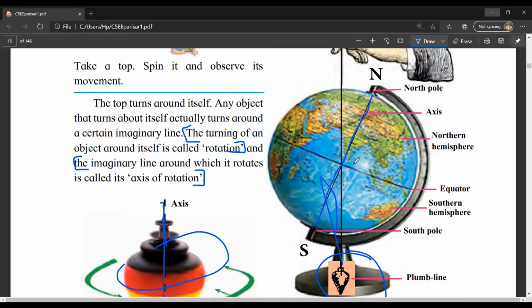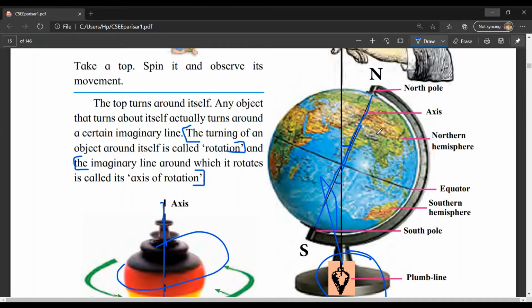Whenever our Earth rotates, that means turns around itself like a top, it is a bit tilted. So the plumb line and the axis make an angle over here. Can you see this? This is an angle. Even here they make an angle.